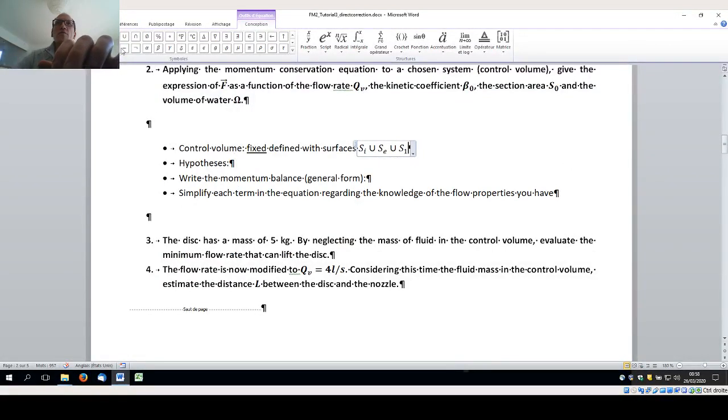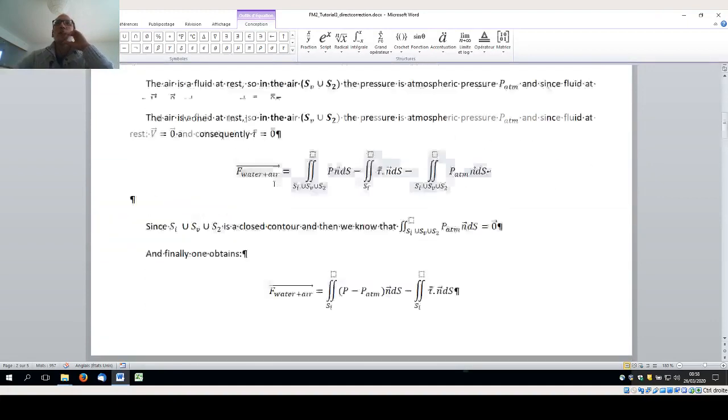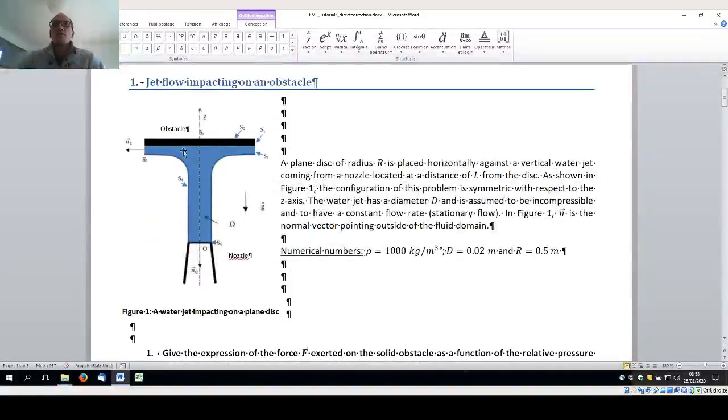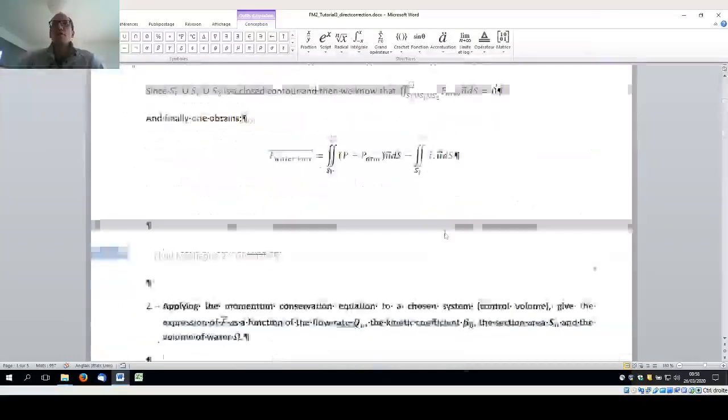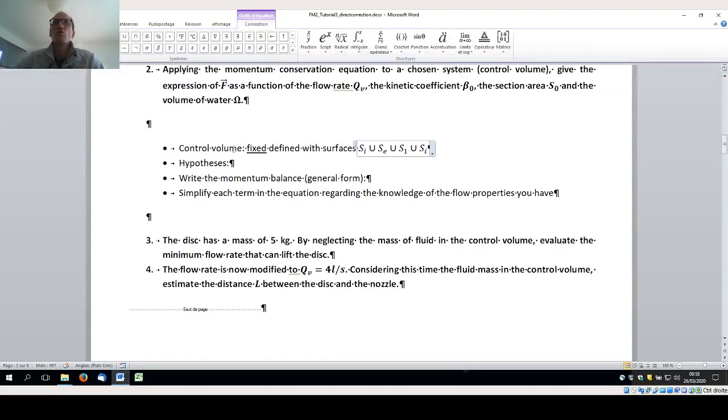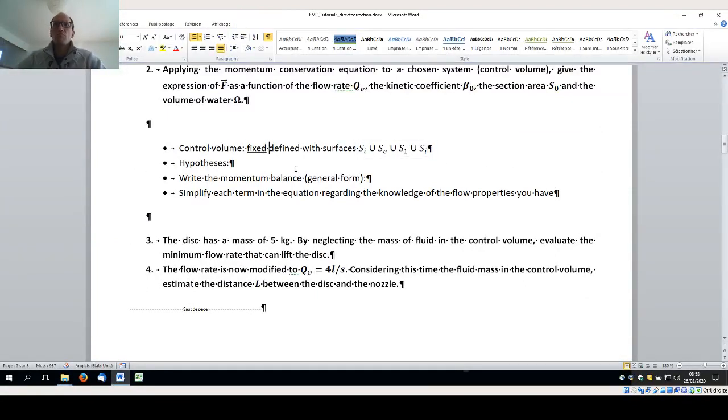And finally, to close the control volume, we add the one in contact with the object, the obstacle here. So this gives you the surfaces SE, which is the two sides here, S1 and SI. If you want to define a volume, it needs to be closed. I can write it: closed.